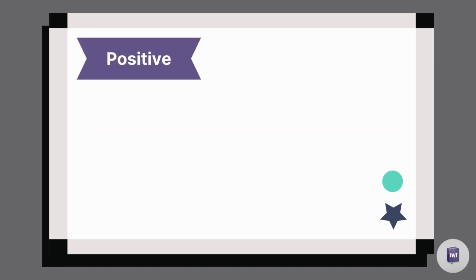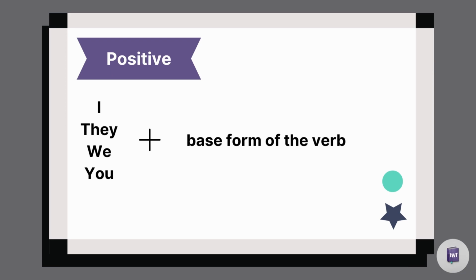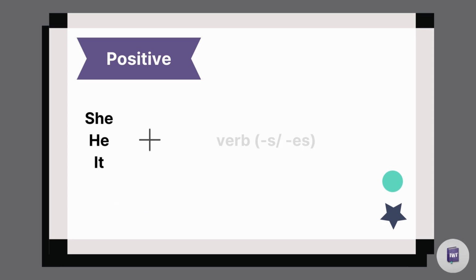Now, let's take a look at how to form the present simple tense. First, positive sentence. For these subjects, I, they, we, and you, we use the base form of the verb. We live in Italy. And for she, he, and it, we add s or es to the verb.